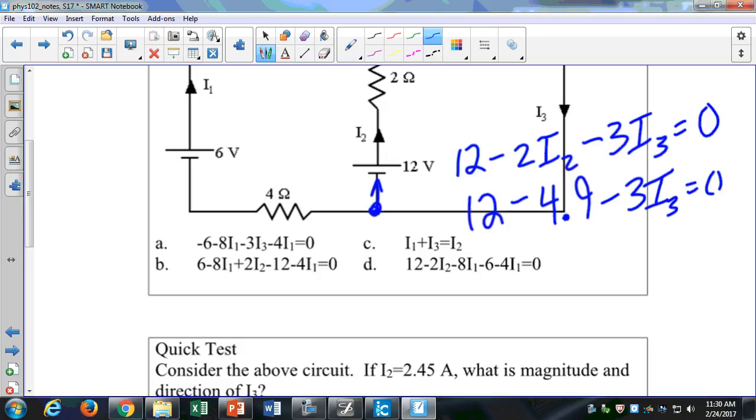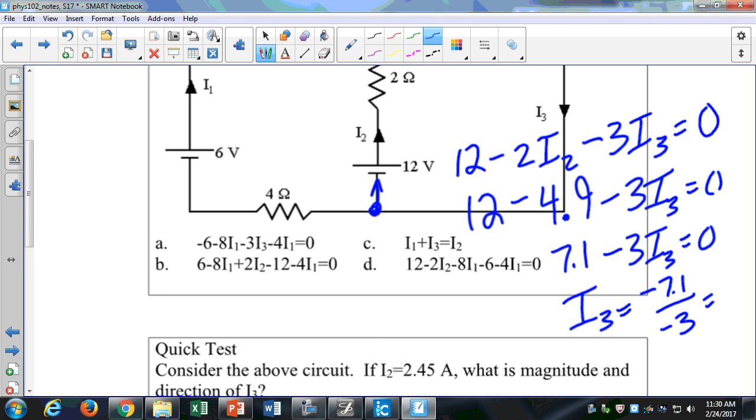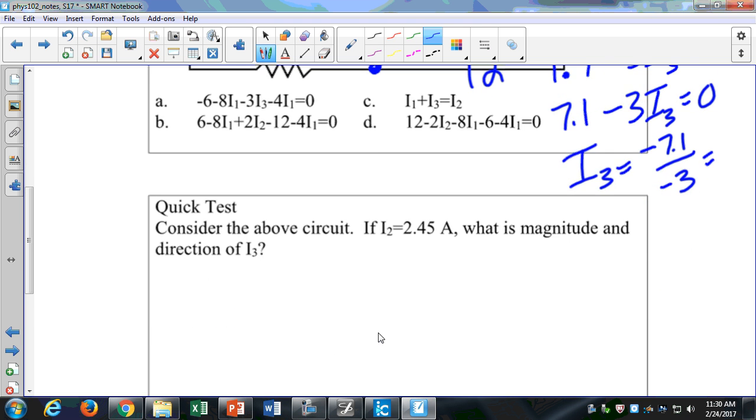So let's see, that's 7.1 minus 3I3. Is that right? Yeah. And then I3 is equal to negative 7.1 divided by negative 3. What was the answer? 2.37.